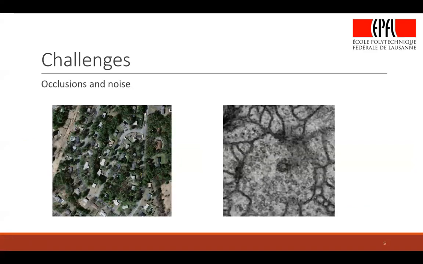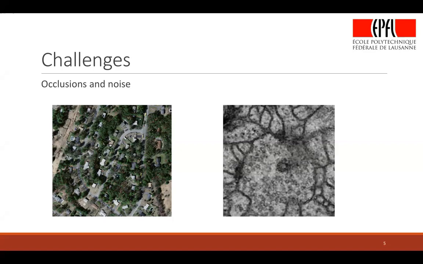We also have quite a lot of occlusions, especially in satellite images, where we have, for example, trees occluding roads. Humans are very good at telling that, for example, if there is a road coming into the forest and then there is a road coming out of the forest, then it's very probable that there is also a road occluded by the trees.